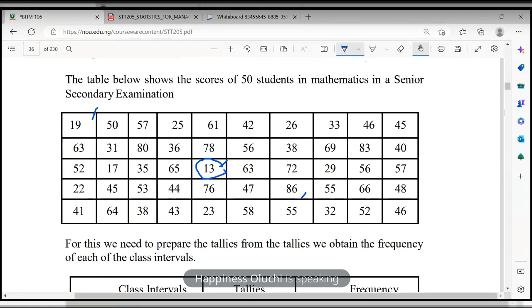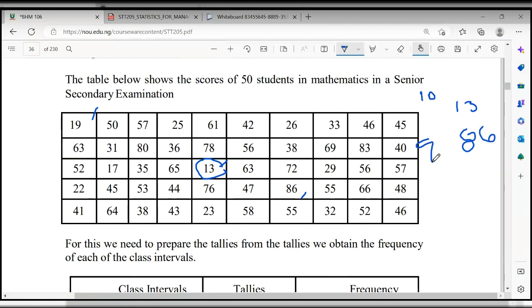Okay, thank you. So this one is 13, and we can liken it to 10. Then we have 86, and we can liken this to 90. So it means that whatever we are doing has to be between 10 and 90.